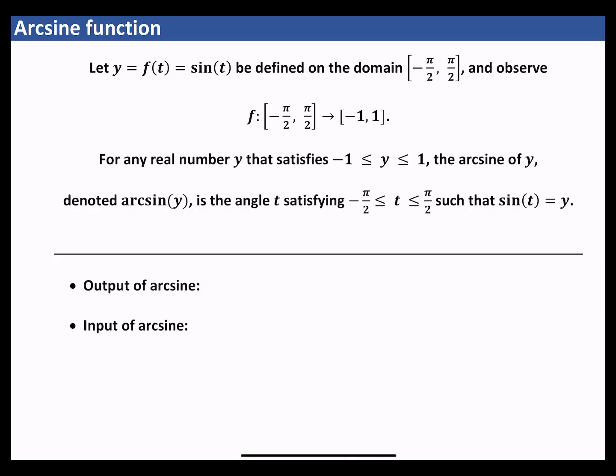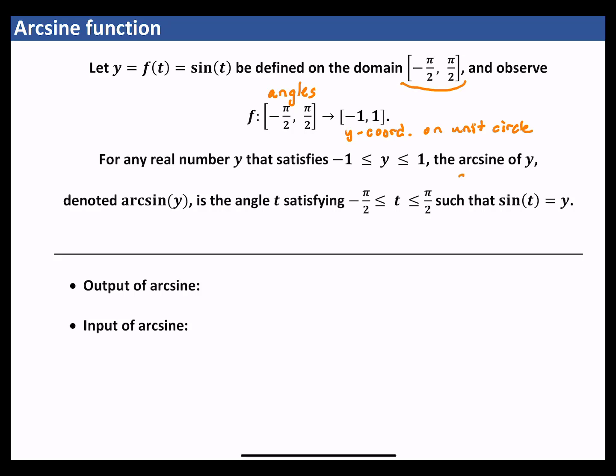Let y equal f of t equals sine of t be defined on the restricted domain negative pi over 2 to pi over 2 inclusive, and observe that f takes inputs, which are angles between negative pi over 2 and pi over 2, and pairs them with outputs, which are y values on the unit circle from negative 1 to 1.